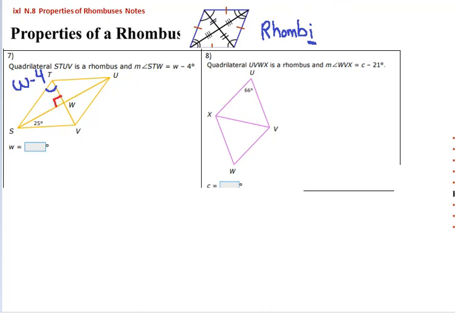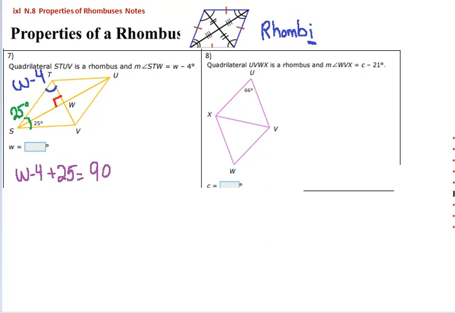We also know that these two angles, look at our picture, are the same. So this one here has to be 25 degrees. If we set up our equation, these two angles here together need to equal 90 degrees. So we have W minus 4 plus 25 equals 90 degrees.